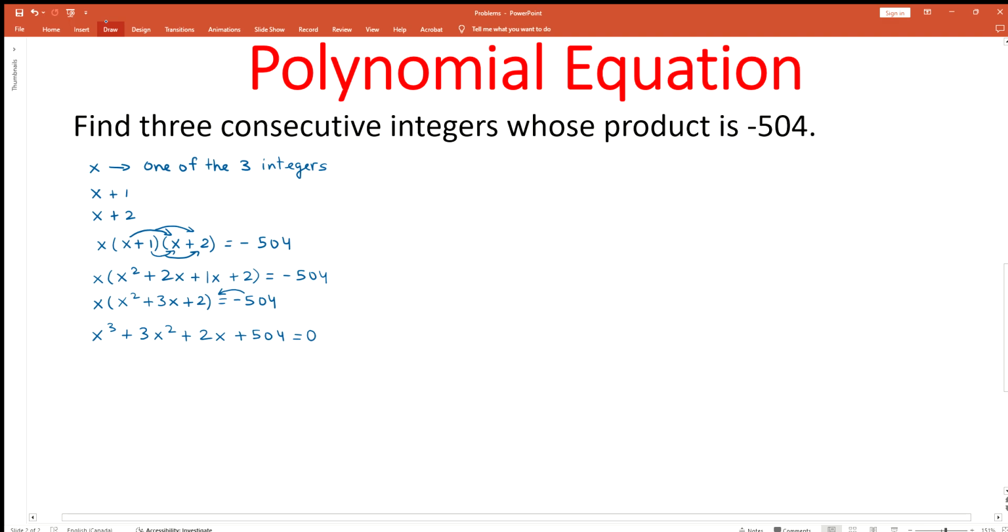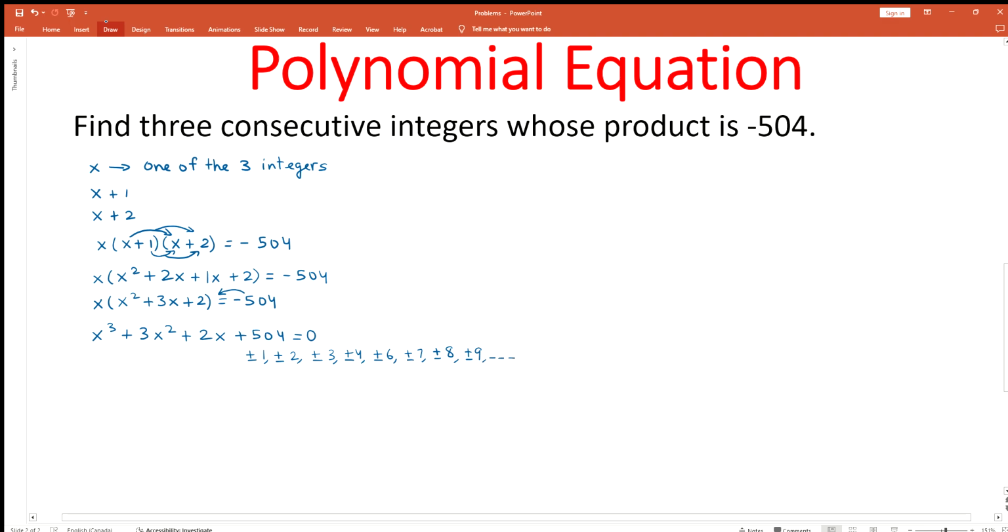The factors of 504 are plus minus 1, plus minus 2, plus minus 3, plus minus 4, plus minus 6, plus minus 7, plus minus 8, plus minus 9, and so on.